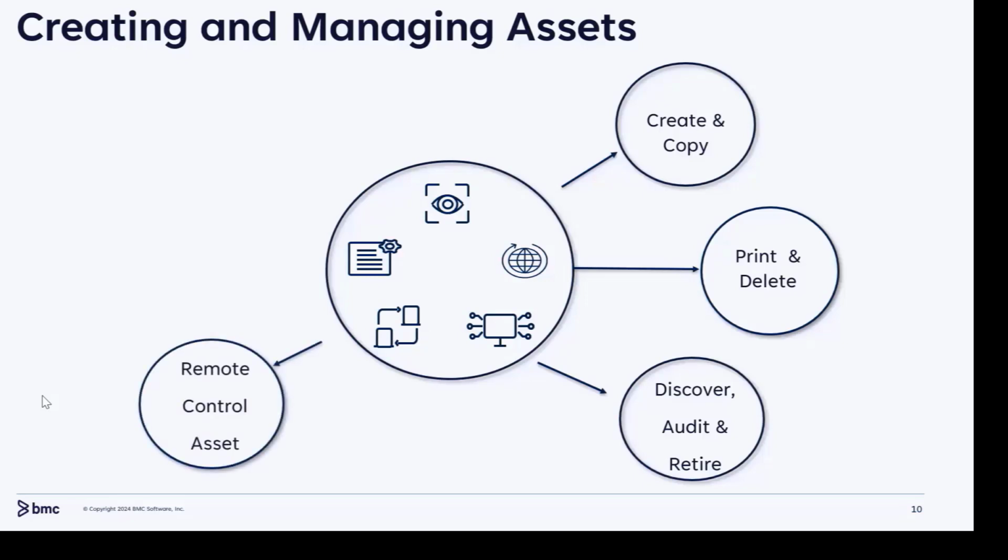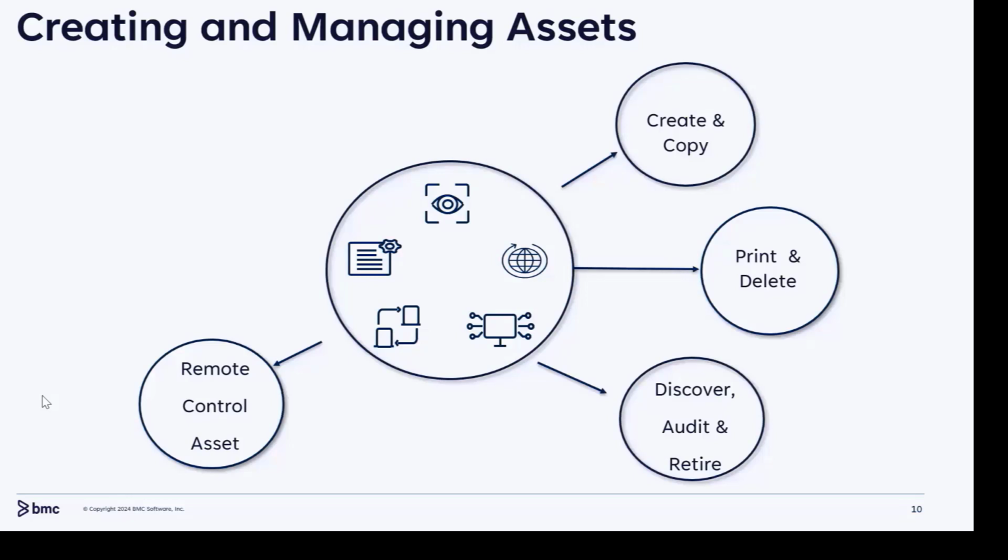Next is remote control. The primary thing we need to consider before remote controlling any asset is to ensure that the specific asset is already discovered in Trackit. Also, we need to be sure that the browser used to establish remote control session has BMC Client Management as a trusted certificate authority.